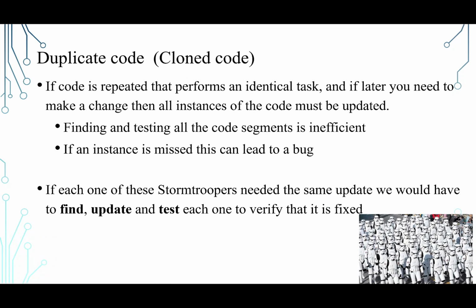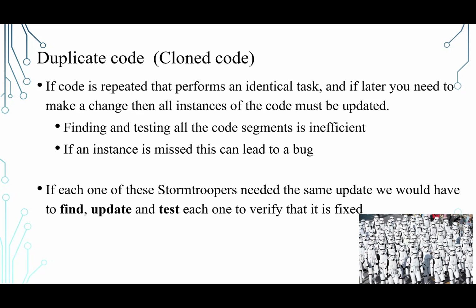If code that performs an identical task is repeated, and later you need to make a change, then all instances of that code must be updated. Finding and testing all code segments is insufficient. If an instance is missed, this can lead to a bug.